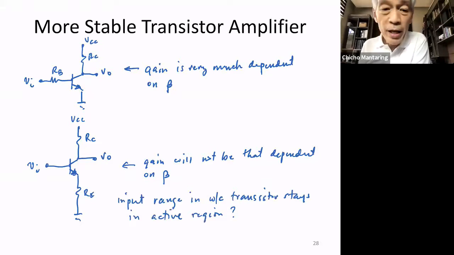What will be the input range for this particular setup for which the transistor stays in the active region?